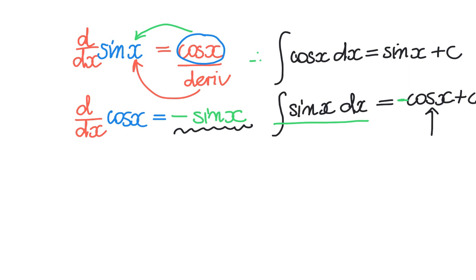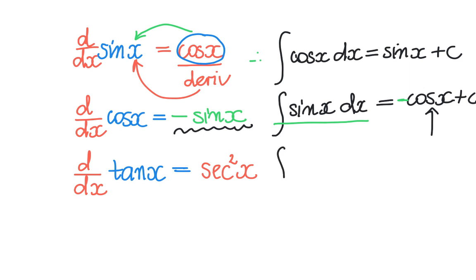What were our other functions that we needed to look at in differentiation or use often? Well, obviously we looked at the derivative with respect to x of a function tan of x, and we used the table of derivatives for it, and we had that the derivative of tan was sec square of x, which means that the antiderivative of sec square of x dx is tan of x plus c.